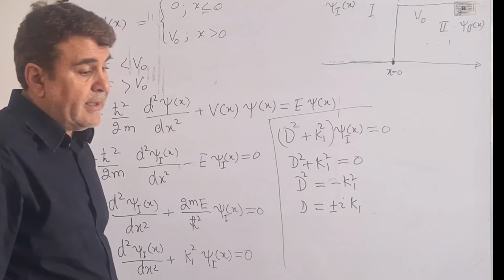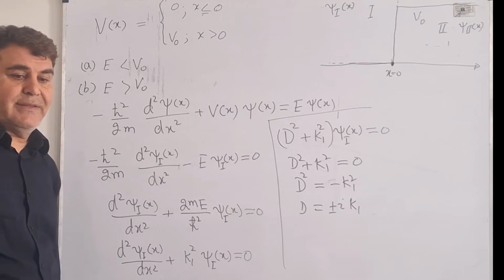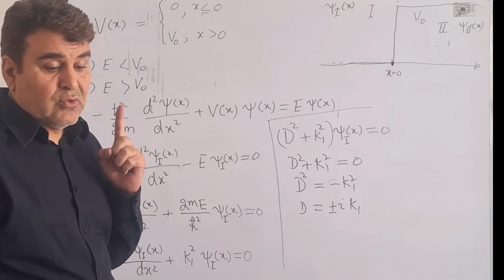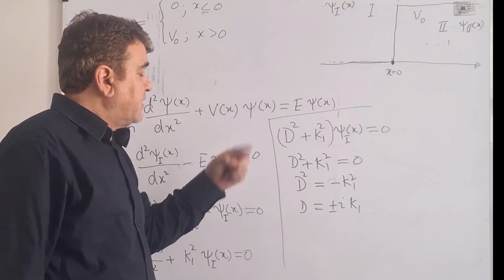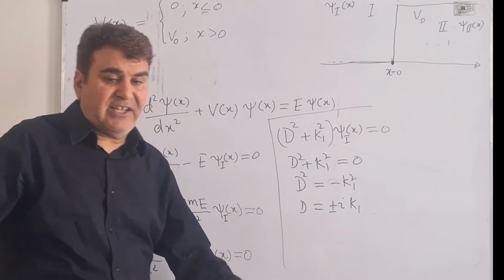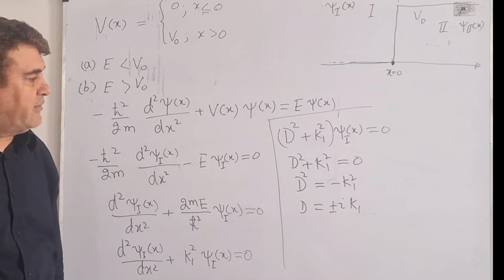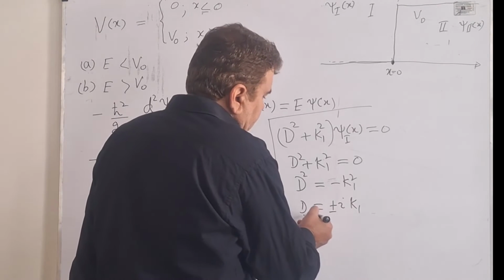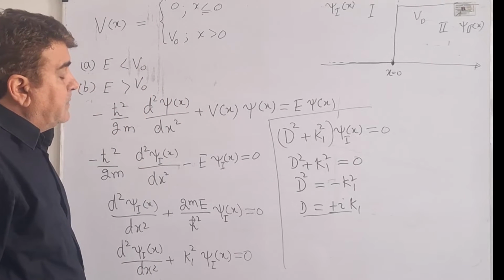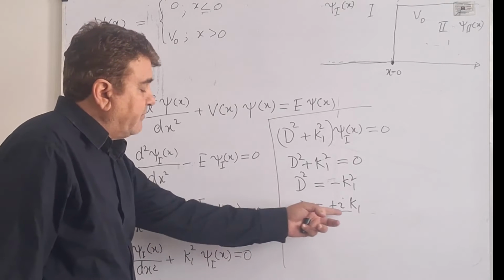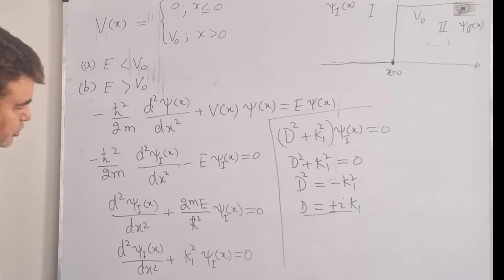And we know from our calculus, from the solutions of second order differential equations, that each root corresponds to a separate solution. The solutions for a second order differential equation are either exponential or sinusoidal, and I would prefer to solve the problem in exponential form. So every complex root corresponds to a separate solution, and then the generalized solution is the linear superposition of the two solutions.